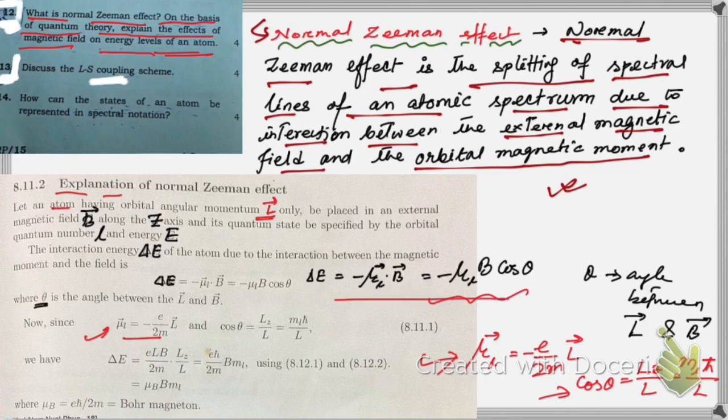Then you're gonna get del E is equal to e h cut by twice m B ml, and this e h cut by twice m is nothing but mu B, the Bohr magneton.